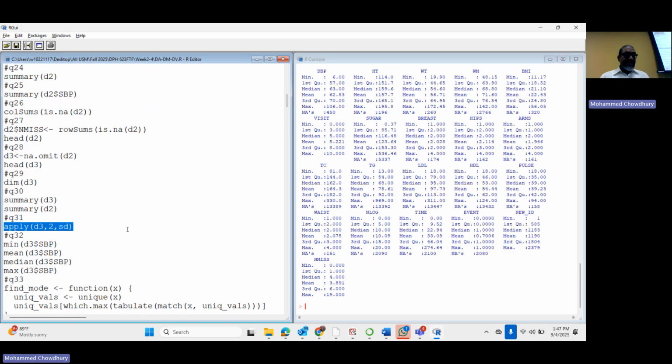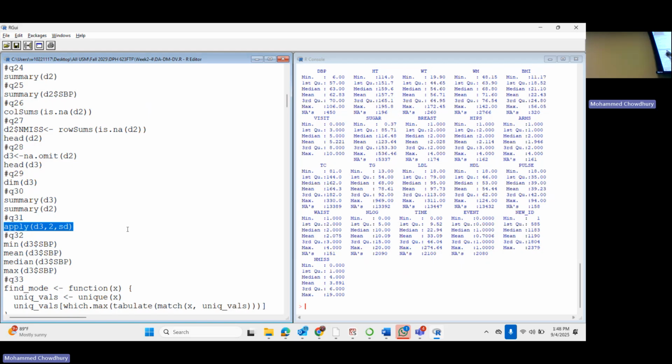Okay. Now what does this mean? I am using the apply function on the D2 data to find the standard deviation by column. If I rephrase, I want to find the standard deviation for each variable of the D3 data, which could be obtained by using this.